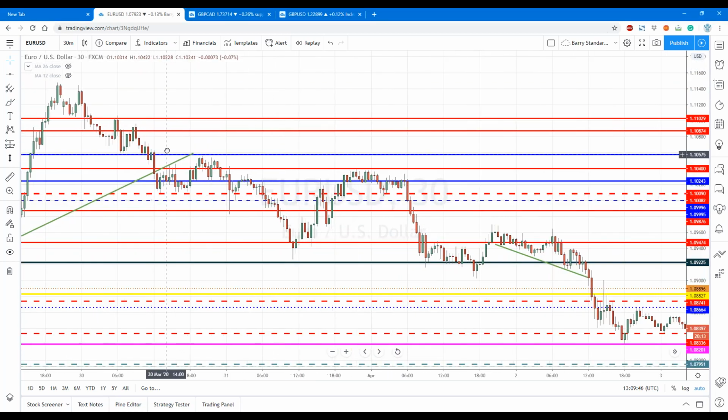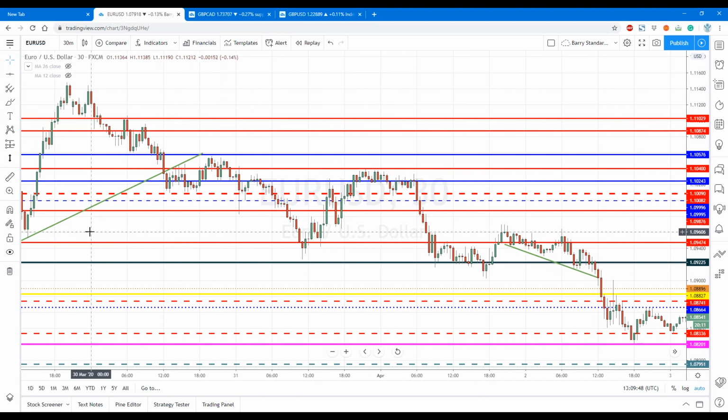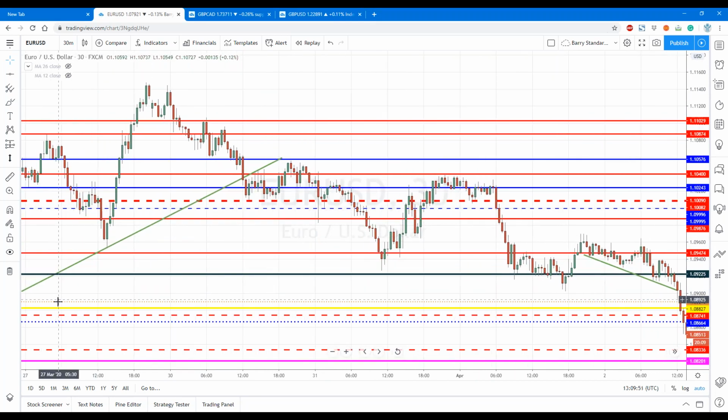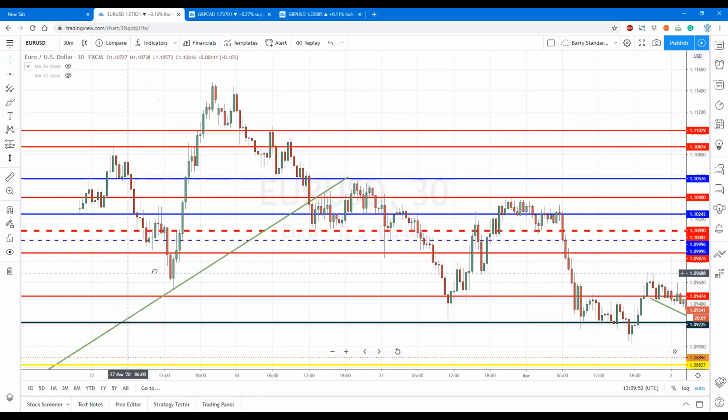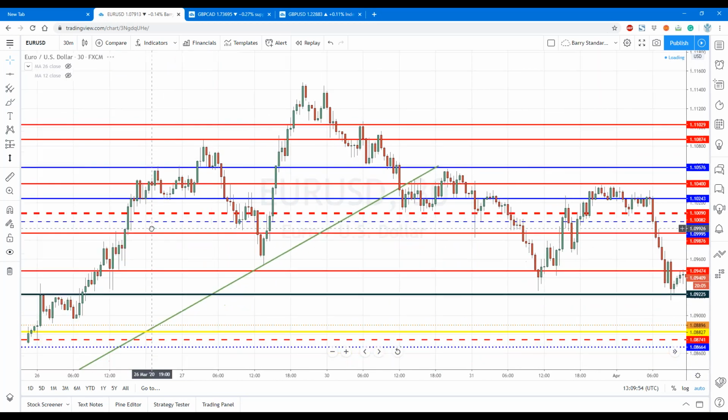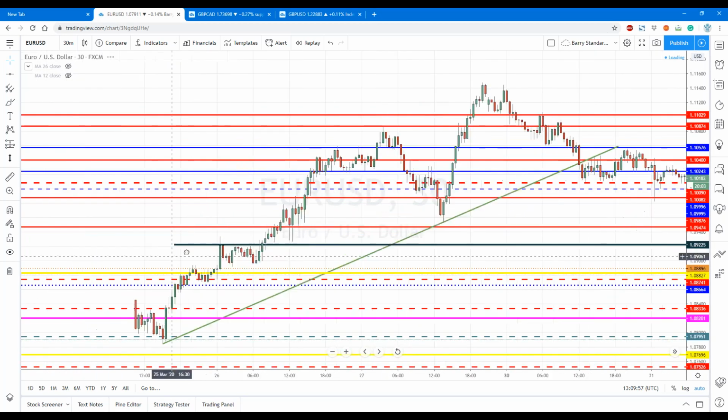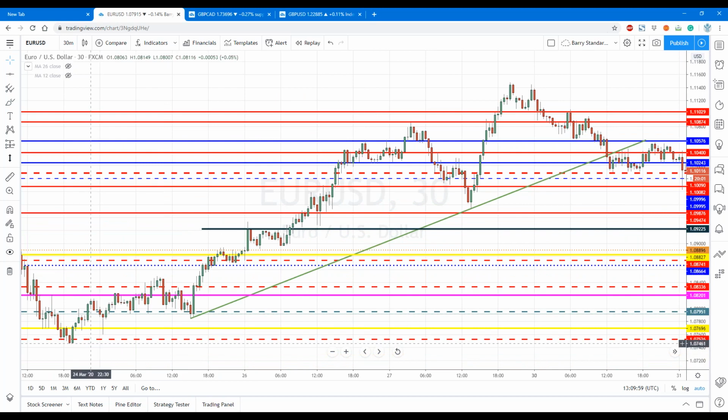So as we go back and look at price in the past, we're concerned with where price is in between these yellow lines. So here we go back all the way to early March of this year, a week or two ago.